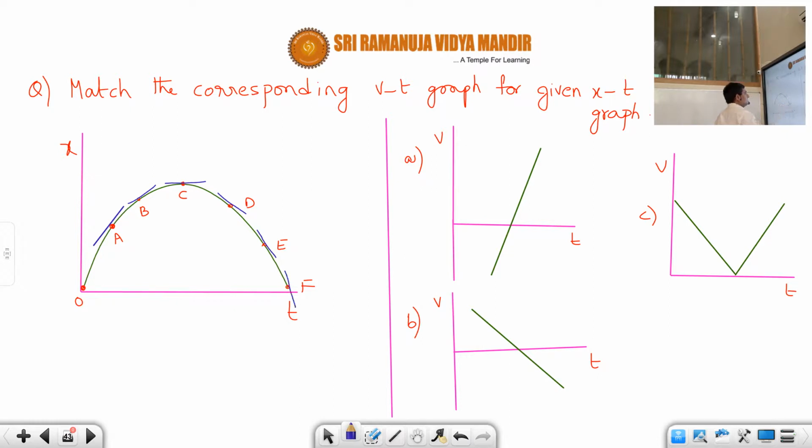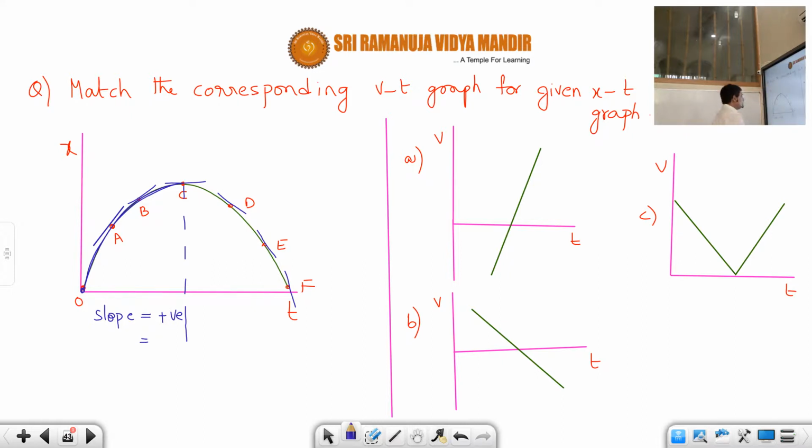Now as you are drawing the tangent, students, if you observe carefully, from point O to C, the tangents are making acute angles. So that means up to point C, the slope is acute angle, no, students? That means positive.